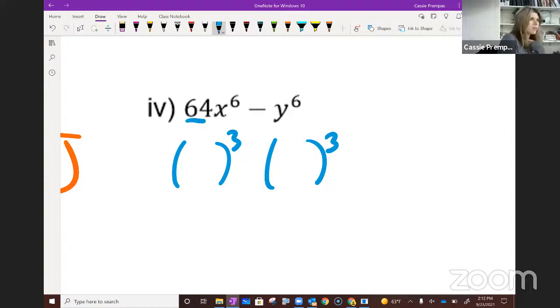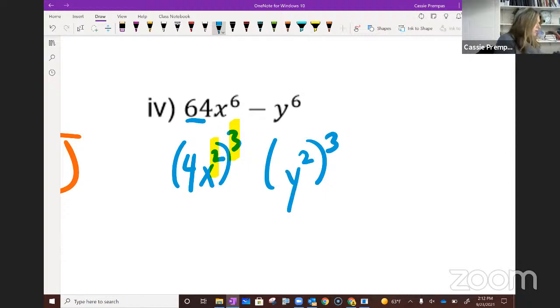64, what number times itself would give you 64? 4, good. What variable times itself would give you x to the 6th? Yes, x squared. The other way you could look at it is when you raise an exponent to an exponent, you multiply. And in the same way, as we look at y to the 6th, what variable cubed gives you y to the 6th?